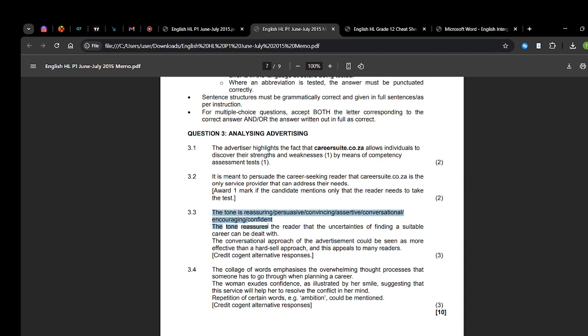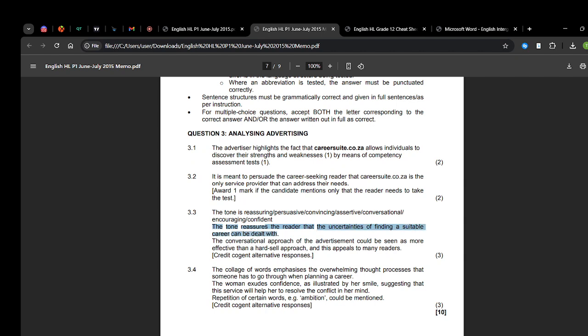That's your first answer: the tone is. You choose any word here or whatever comes to your mind. Then the second step is to prove or discuss how this tone achieves this. Then they say the tone reassures the reader that the uncertainties of finding a suitable career can be dealt with.